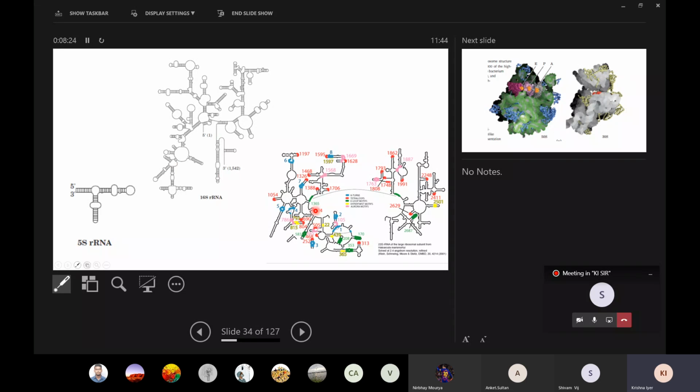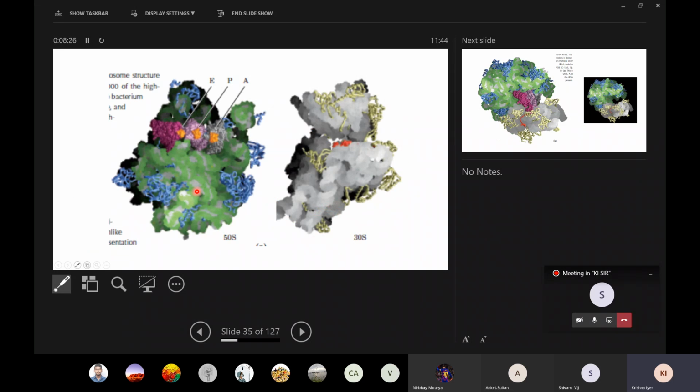It is a very unique thing, but it is part of the ribosome. If you remember, we talked about the fact that this is the 50S subunit, this is the 30S subunit, where all these regions shown in gray or green indicate RNA, and these worm-like things indicate the protein present in the subunit.